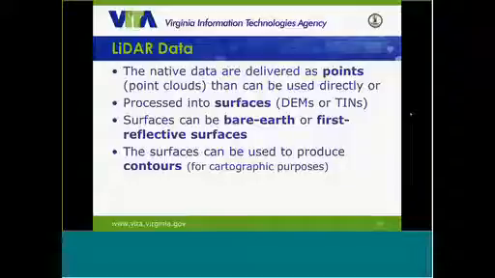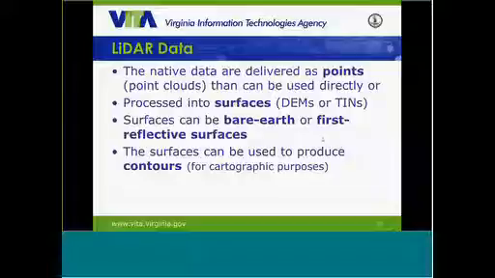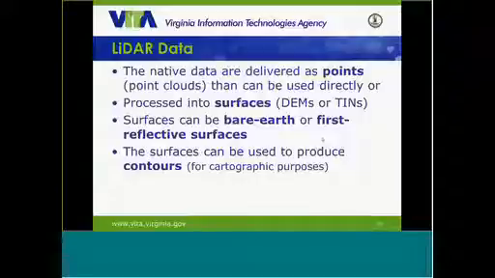Sometimes it may be further classified, but the points representing the ground are identified, and you can use those points to create a bare earth surface. But you might also be interested in creating a first reflective surface, what the laser first hits, whether it's the top of a tree or the top of a building. Bare earth surfaces can then also be used to produce contours.